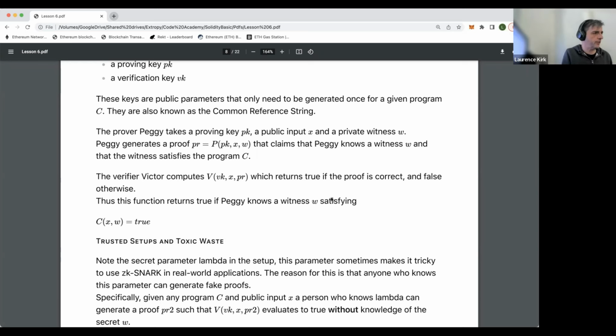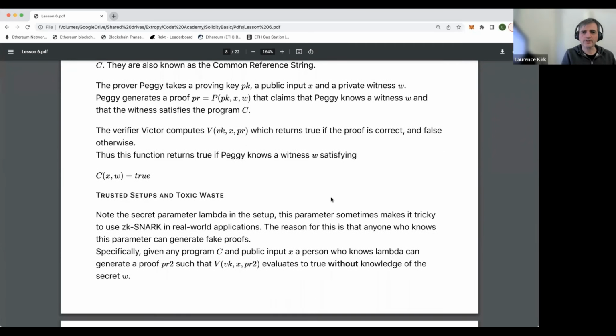He's able to verify the proof. And this function would then return true if Peggy does indeed know the square root of the value that is the public input. So that, in a nutshell, is the whole process that goes on with a proof.